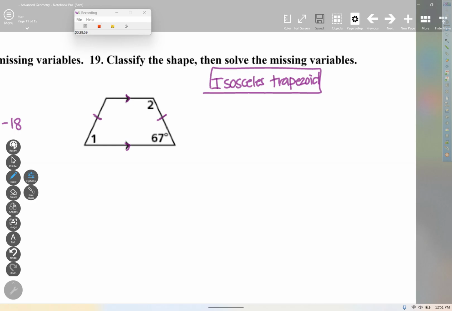So 67 is the same as 1, which is great. And then 2 and 67 together make 180 degrees. So to find 2, I would take 180 degrees minus 67, and I would find that it's 113 degrees right there.